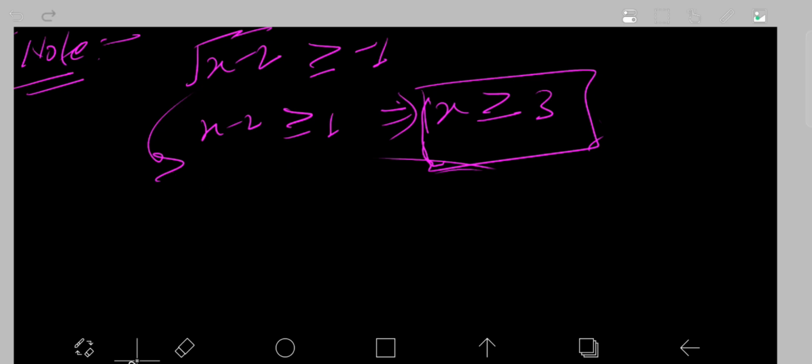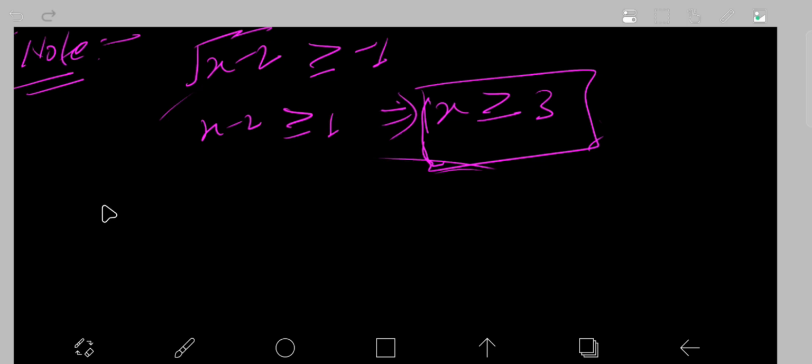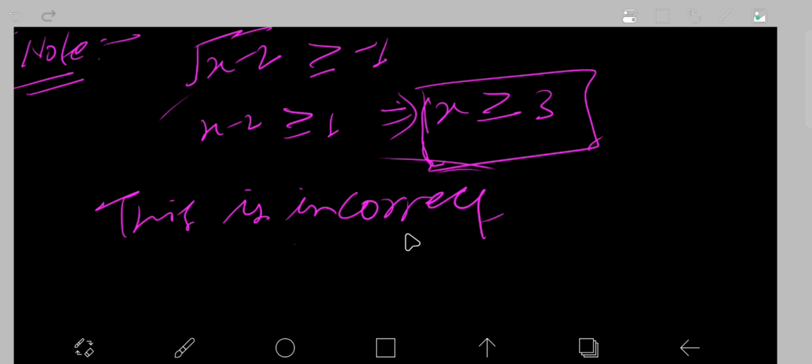This is my note point; you note down, this is the incorrect method. So here you write this is incorrect. What is my point? Clear? So do not square both sides; you solve in the proper way when it is defined.